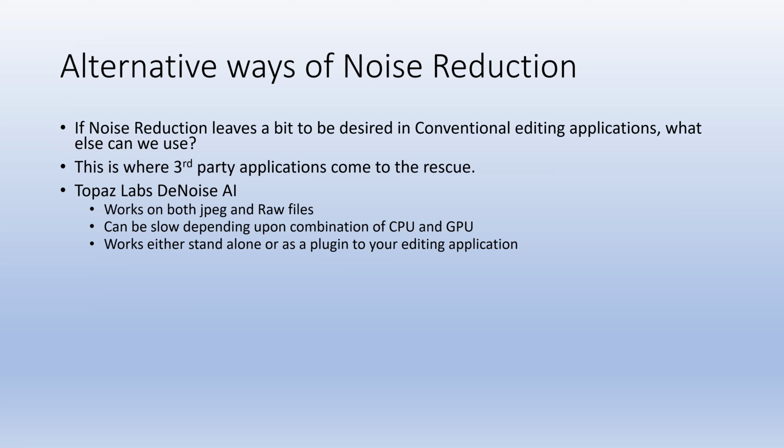This is one shot at ISO 51,200. Now nobody's ever going to shoot at ISO 51,200 unless you have to. But if we look at the severe noise, this is what Topaz will do eventually, which I think is pretty remarkable.